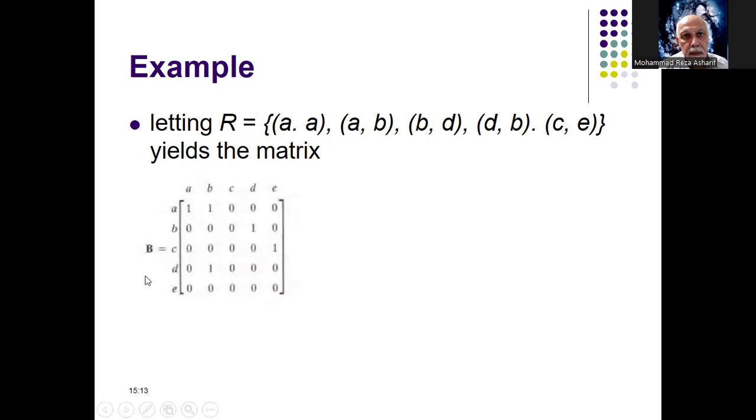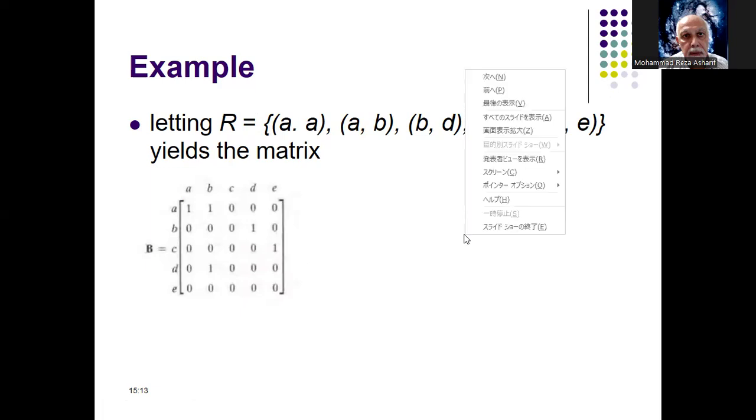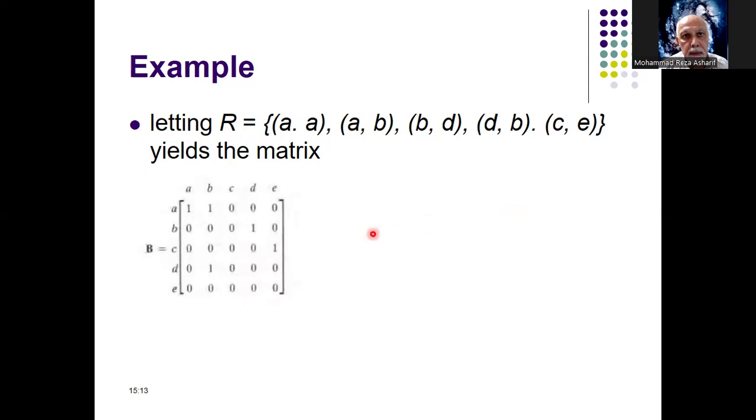And also BD, with B and D. For instance, here, I still have to change this. If B is related to D, then you have one here, but the other place is zero.